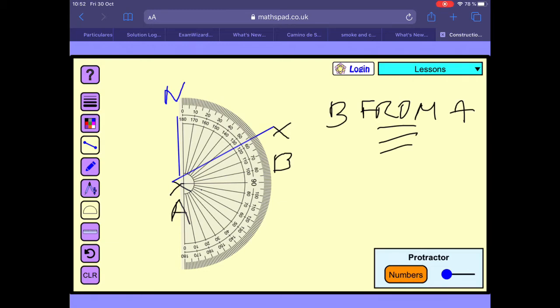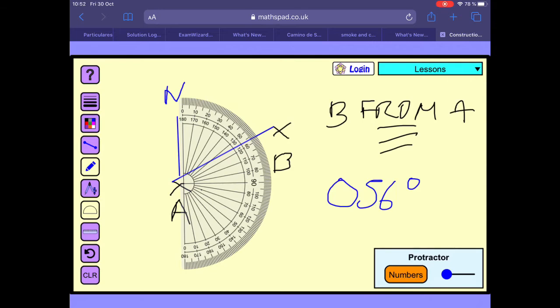Remember, we start measuring from 0, 10, 20, 30, 40. So here, approximately, the answer is 56 degrees. But remember, the answer has to be in 3 digits. So the answer is 056 degrees. That would be the bearing of B from A.